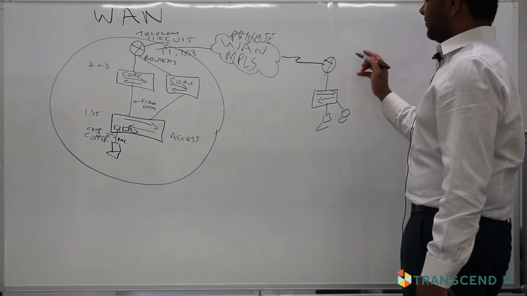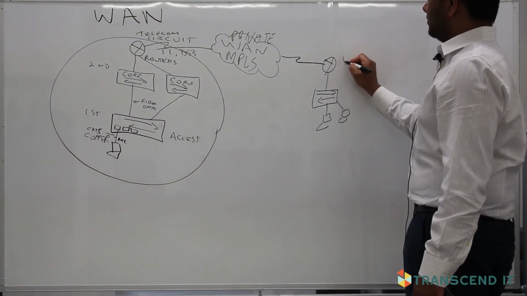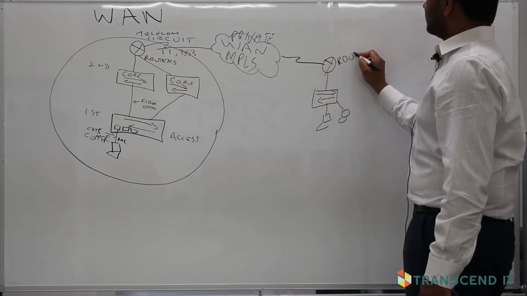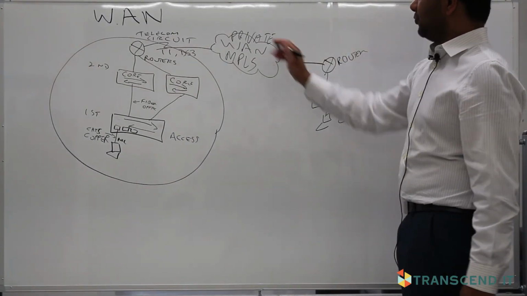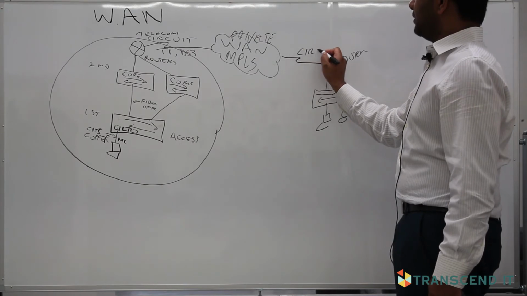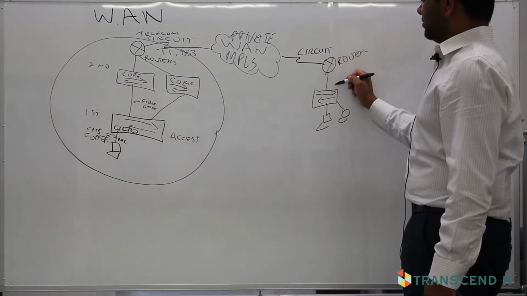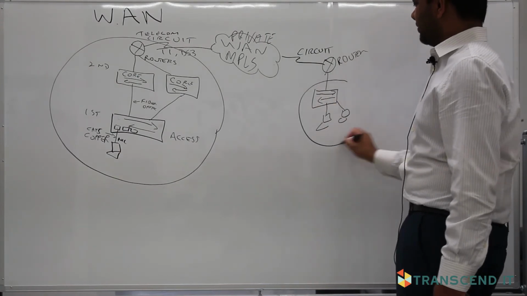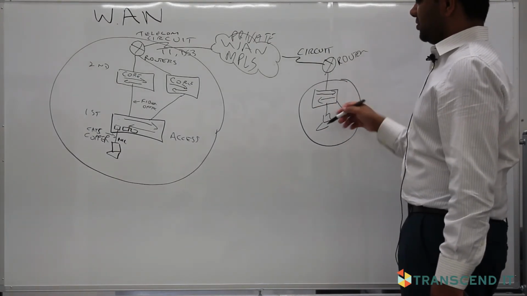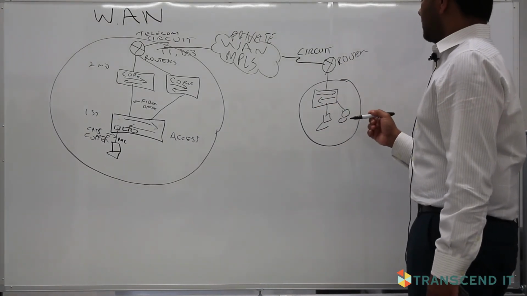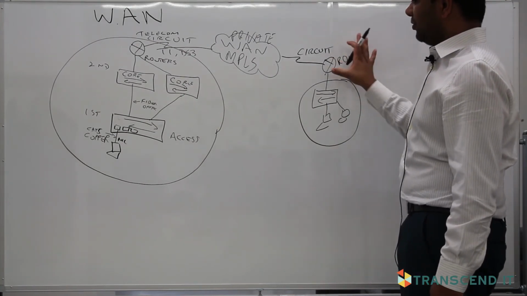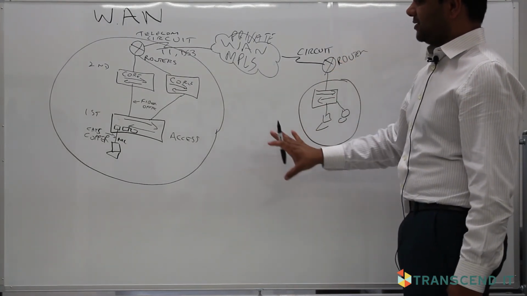But the concept is you always have a router that connects you to the WAN through some kind of telecom circuit. And the router in turn is connected to your local area network here, which is the switch basically. And this is just a whole lot of that happening with lots and lots of sites.